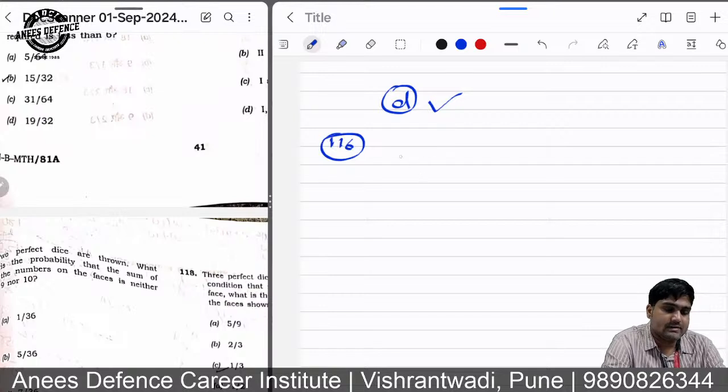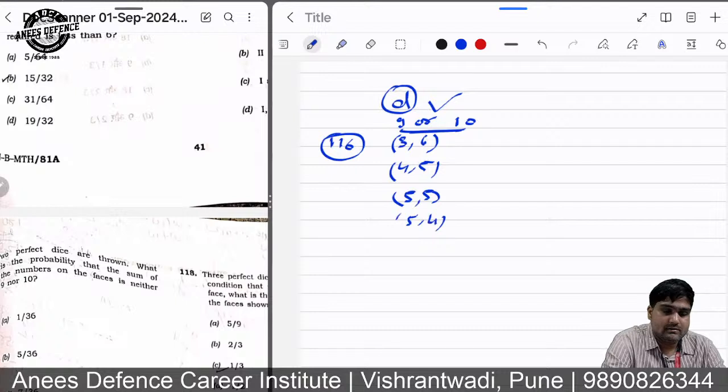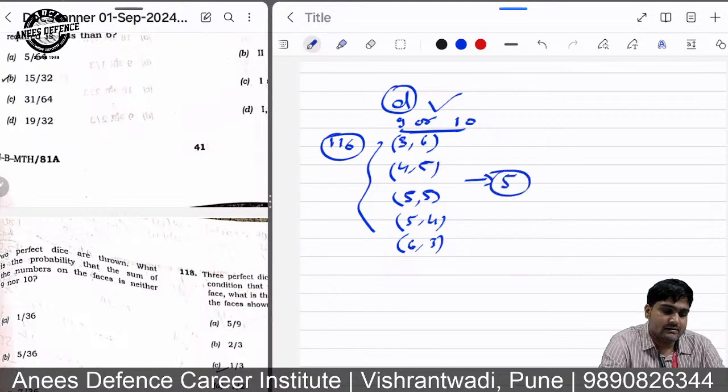So for getting 9 or 10, we are counting the favorable outcomes: 3 and 6, 4 and 5, 5 and 5 is the 10, 5 and 4 is 9, then 6 and 3. So 1, 2, 3, 4, 5. So 5 outcomes for getting 9 or 10.